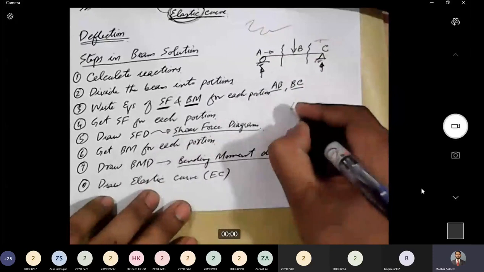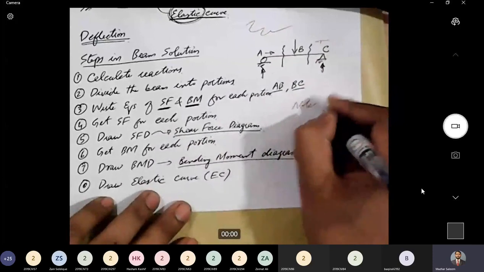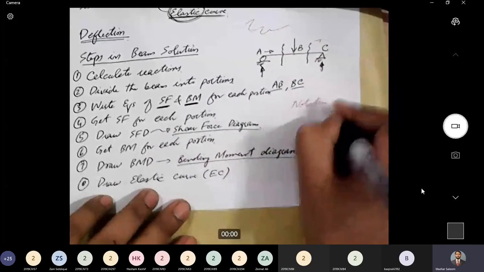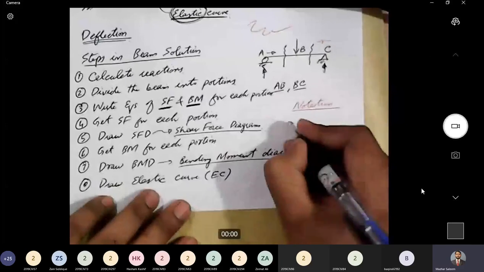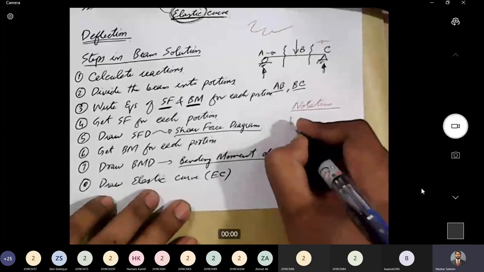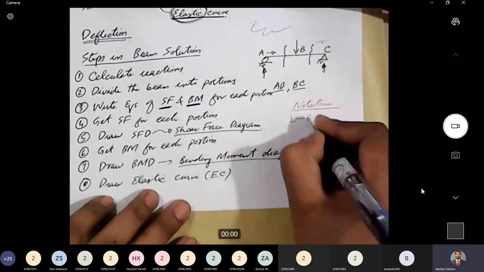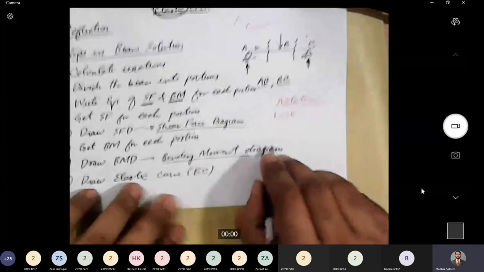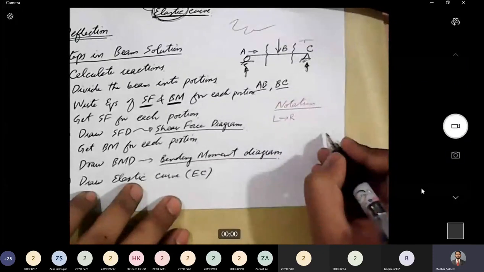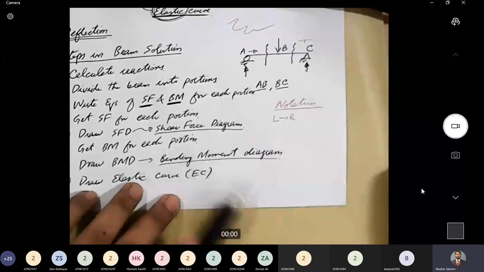So our notation that we will be following: we will always be moving from left to right direction.